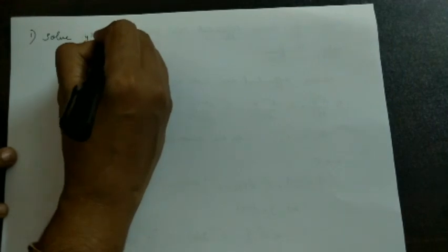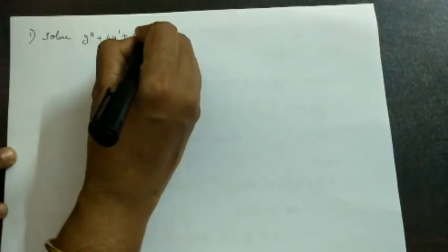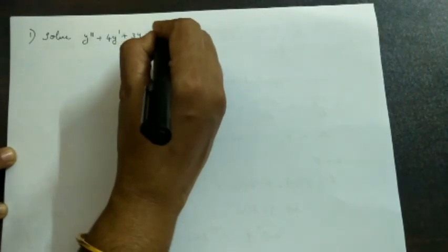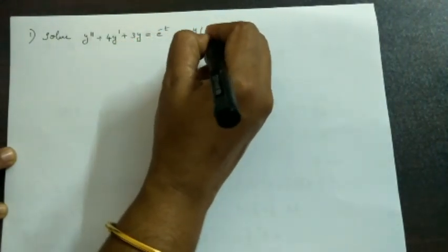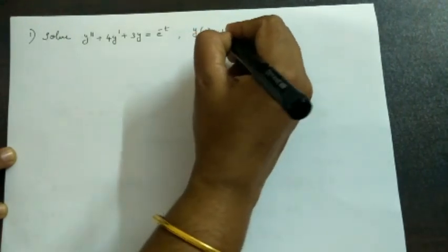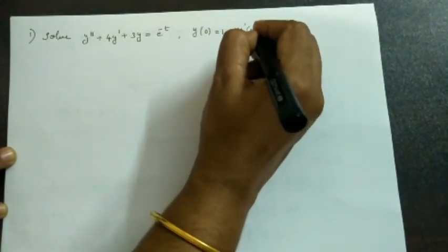Now problems. Number 1. Solve y double dash plus 4y dash plus 3y is equal to e raised to minus t. Two conditions are given, that is y of 0 equal to 1 and y dash 0 equal to 1.